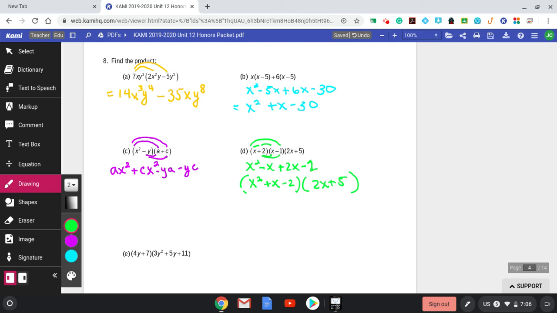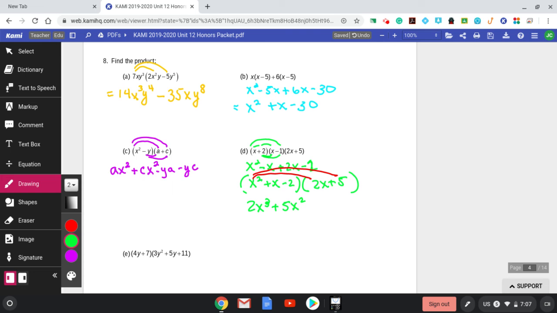Just make sure you're consistent. I'll just stick here. So let's see, 2x squared plus 2x to the third, add your exponents, plus 5x squared. Again, where did that come from, everybody? That came from here to there.